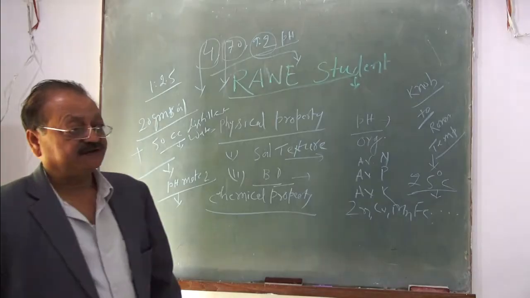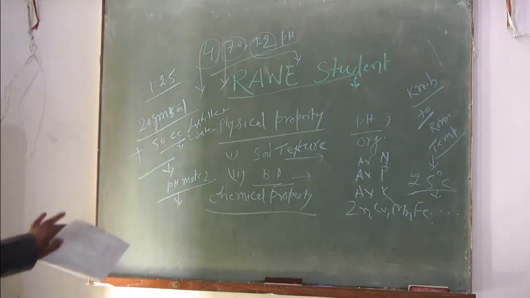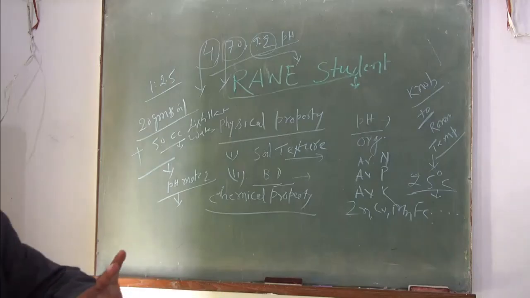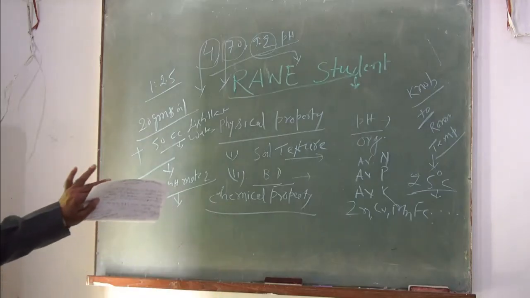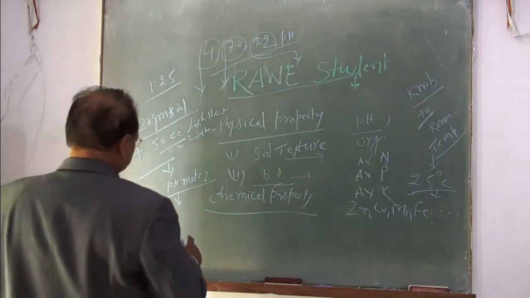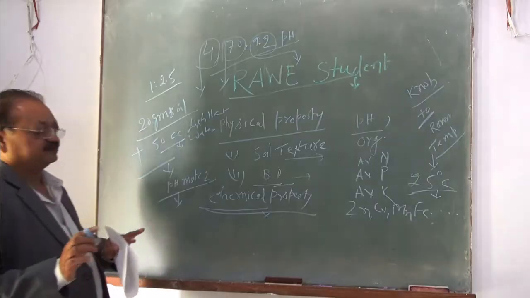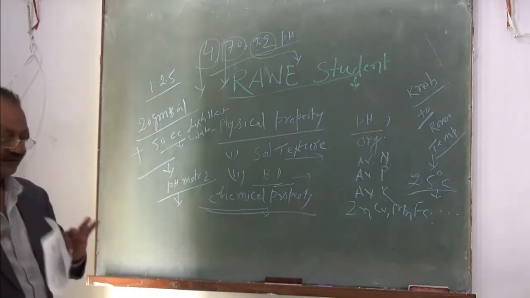After calibration of the pH meter, you take the reading of your soil samples. Whatever reading comes will be the direct reading of the pH. So this is the method of determination of pH of a soil.